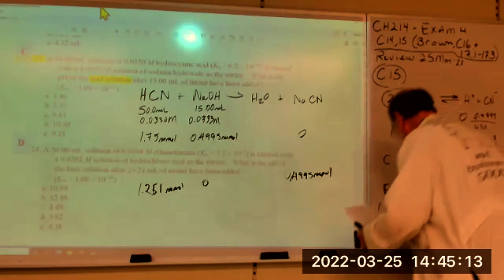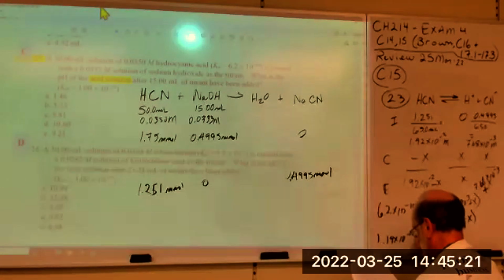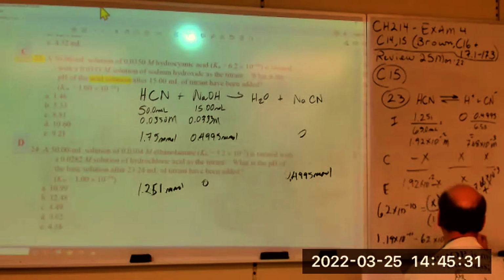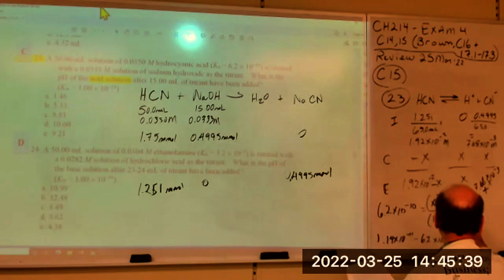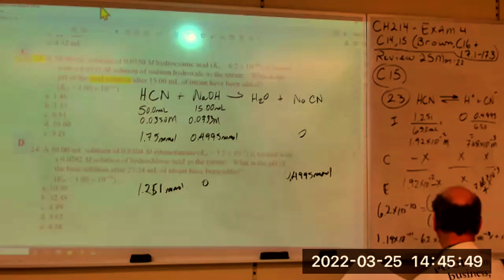So that's 6.19 times 10 to the minus 11 minus 6.2 times 10 to the minus 10 x equals. And then this one is left over as 7.68 times 10 to the minus 3 x plus x squared. This one times that one, and this one times that one.